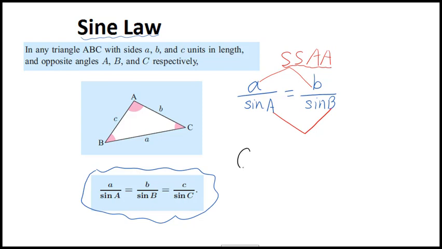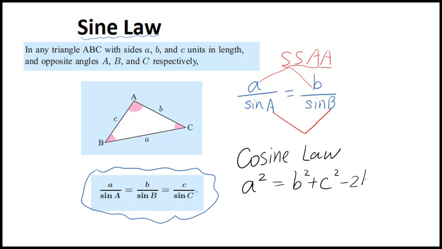Let's compare to cosine law. For the cosine law, remember we have a squared equals b squared plus c squared minus 2bc cosine A. So for this A, it's an included angle.